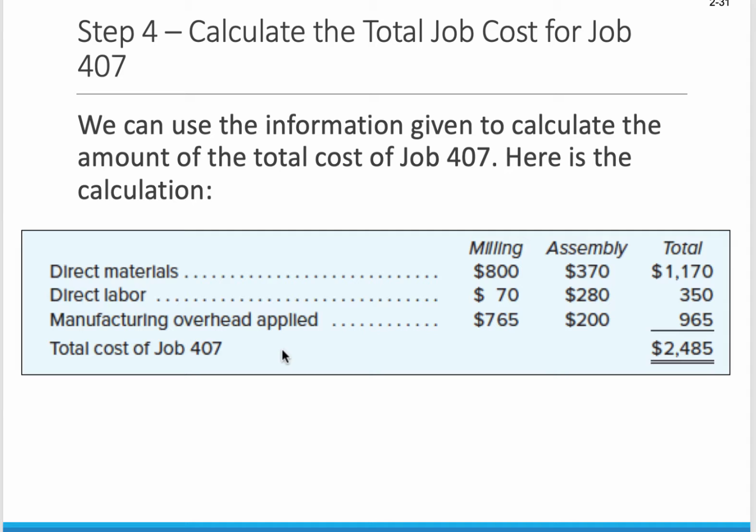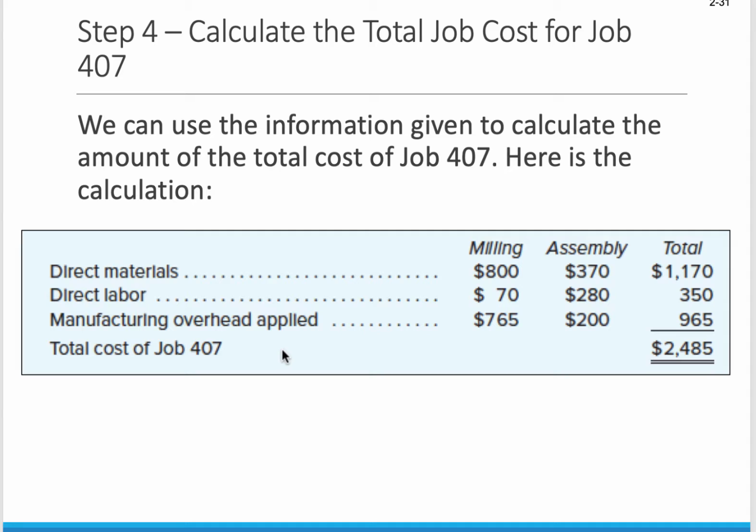So we can now calculate the total cost of this job. Direct materials, we can easily trace these. The milling department incurred $800 and assembly incurred $370. In total, the material cost was $1,170.